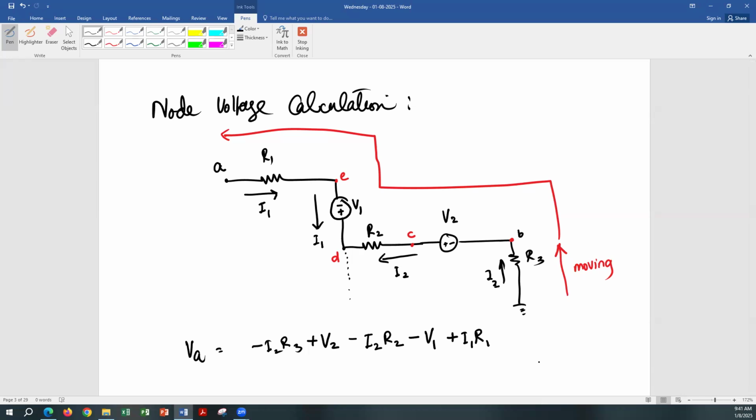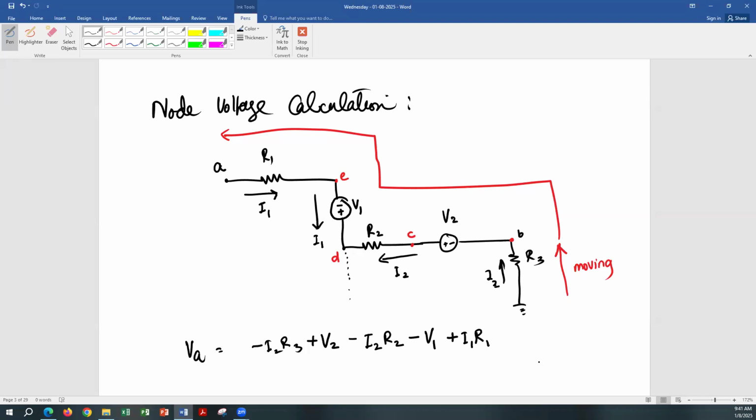So again, you're traversing a path, right? Irrespective of how many branches there are, node D will have a specific voltage. The voltage at node D is going to be one voltage, whatever. It can be connected to 10 different branches.